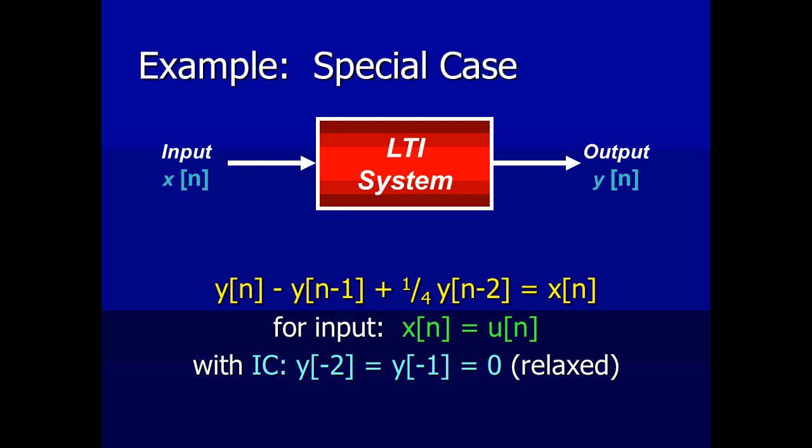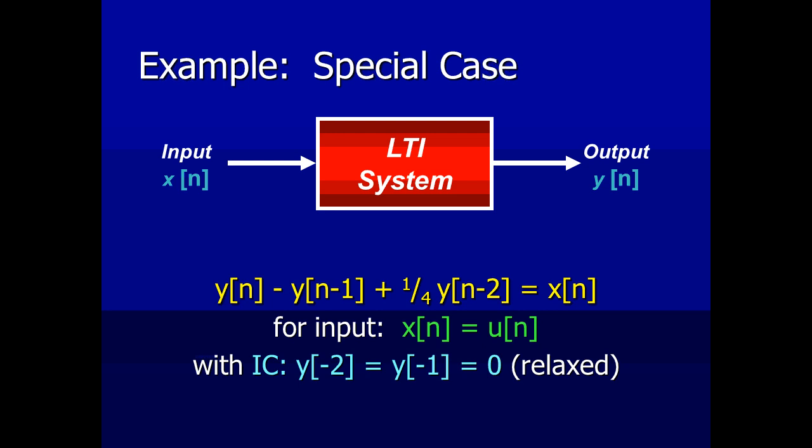So that's this problem here. It's the difference equation shown, y of n minus y of n minus 1 plus 1/4 y of n minus 2 equals x of n.